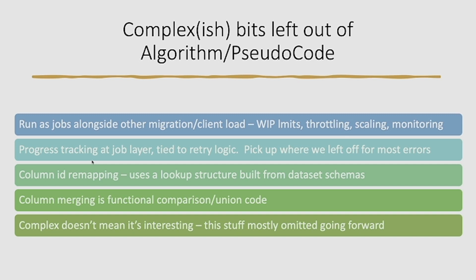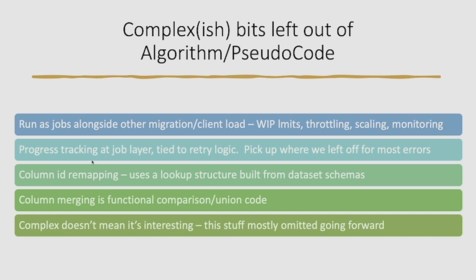We do scaling horizontally if we need to. We can do auto scaling and a lot of monitoring. Most of our monitoring for jobs is around percentile numbers for job latency and throughput, and queue sizes if queues start backing up. We do a lot of progress tracking at the job layer tied to a lot of retry logic, so we pick up where we left off in case of errors. Networking issues do happen a lot, things like that.